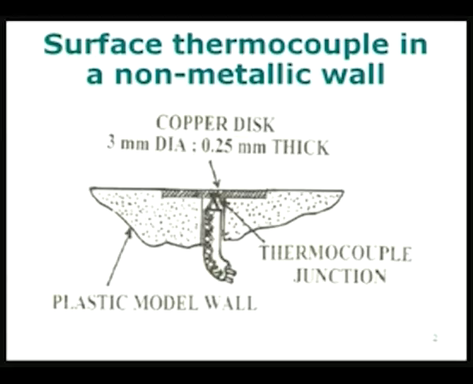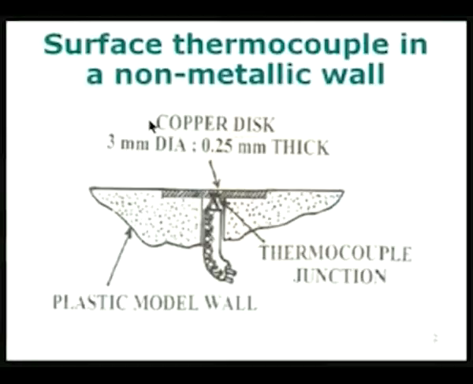The thermocouple consists of two wires, as we know, and the wires are highly thermally conducting, and they will conduct away some of the heat from the copper disc. Therefore, we expect the temperature of the fluid to be higher than the temperature of the copper disc, which will be higher than the temperature of the thermocouple which is embedded inside that. So, we expect some kind of a temperature variation from this side to the other side.